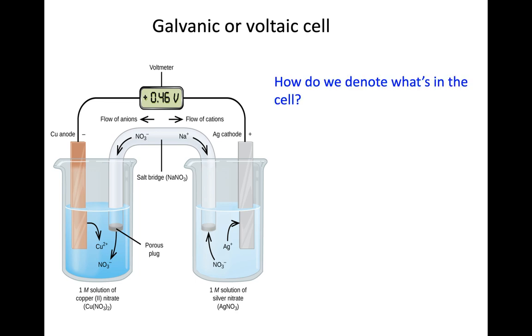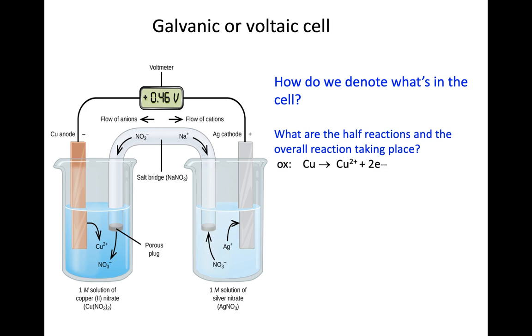So we want to think about how we tell people what's in the cell without drawing the whole picture of the cell. Well, one of the things we can do is write the reactions. What are the half reactions taking place and what's the overall reaction taking place? So oxidation at the anode, my cheesy joke about a band, oxidation at the anode, so my copper is being oxidized to copper 2 plus and 2 electrons. Reduction at the cathode, so my silver ions are being reduced to silver metal.